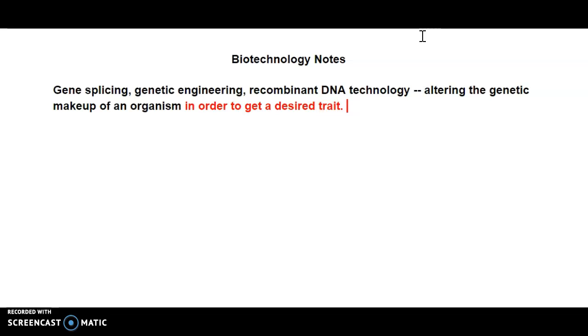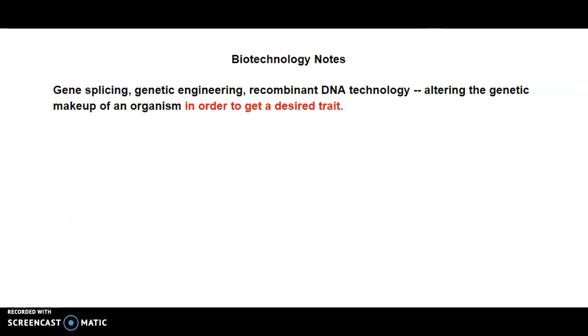And that's the whole reason for doing genetic engineering, gene splicing, recombinant DNA technology. The whole reason for doing that is to get an organism with a desired trait. So we're changing the genetic makeup of an organism in order to get a desired trait.